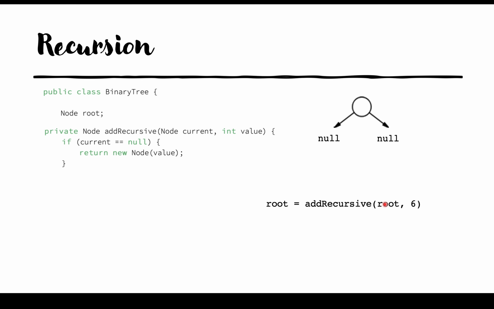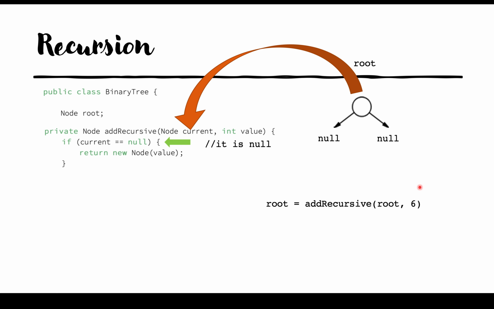Let's just trace it. So add recursive. This is our root. We already created it here, or created the space for it. We send root, and we send our value, which is 6. Now, if current equals null, it is null, right? There's nothing here.